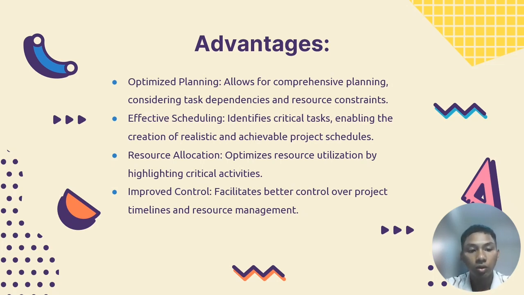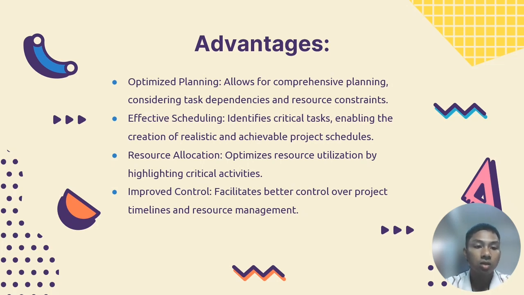By doing so, it helps project managers prioritize and sequence tasks to create a realistic and achievable project schedule. The critical path analysis provided by linear programming ensures that attention is focused on tasks that directly impact the overall project duration, contributing to effective scheduling.